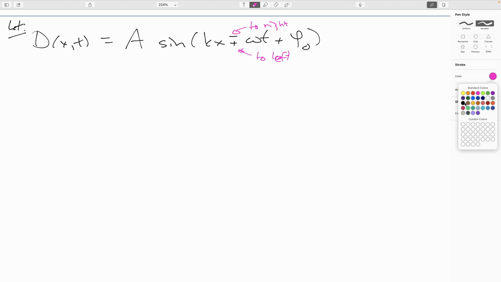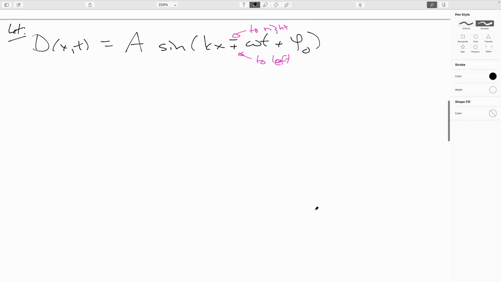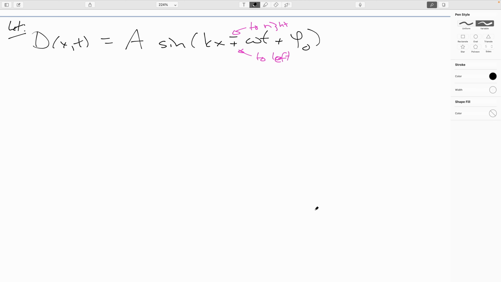Now, let's go ahead and draw some examples here. So let's go ahead and take a look at time t equals 0. Now, I'm going to choose an initial phase of pi over 2 just to show that it doesn't have to be 0.